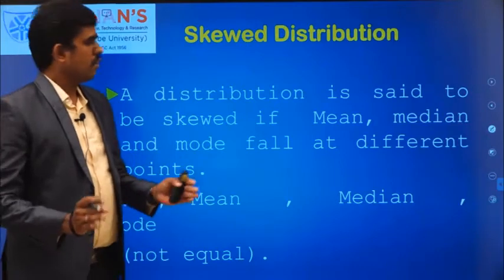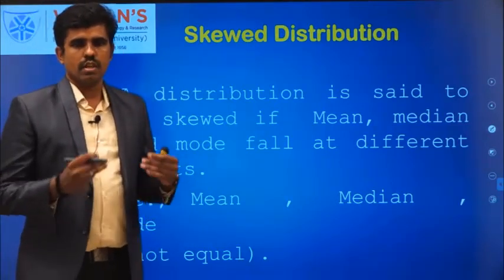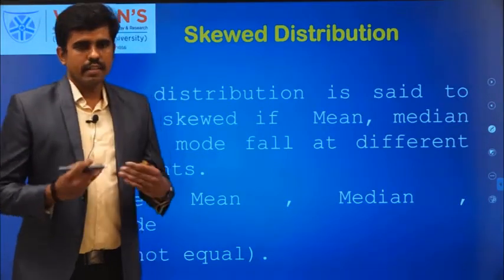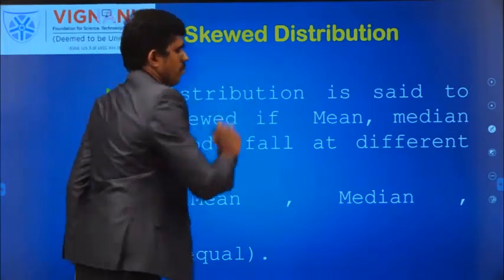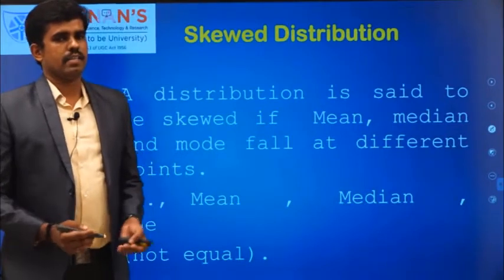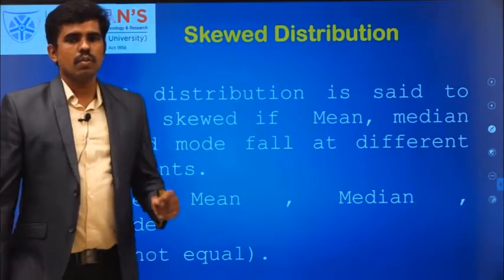Skewed distribution. So just now I have completed when we say that a data distribution is symmetric. If it is not a symmetric distribution, we are going to discuss the skewed distribution. If a given data distribution is not symmetric, then definitely it will be a skewed distribution.